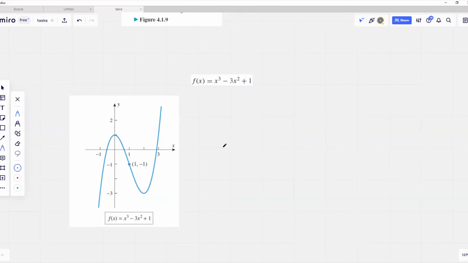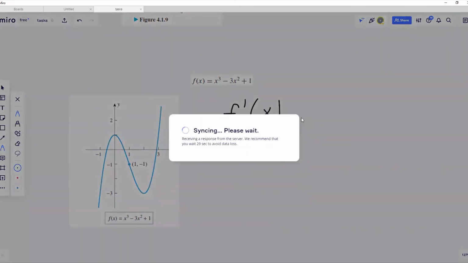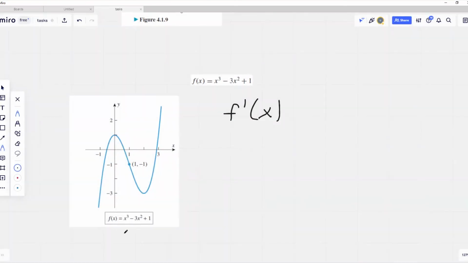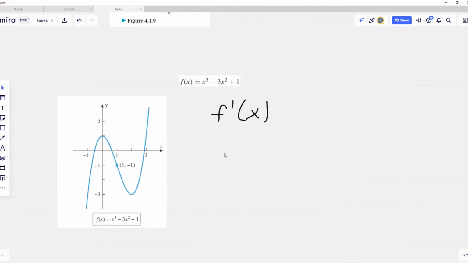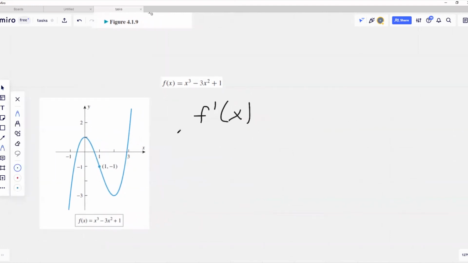First, let's start by looking at intervals where our function is decreasing or increasing. So we need to find the first derivative for that. We can see the graph of our function here. We can then use it to confirm our findings.